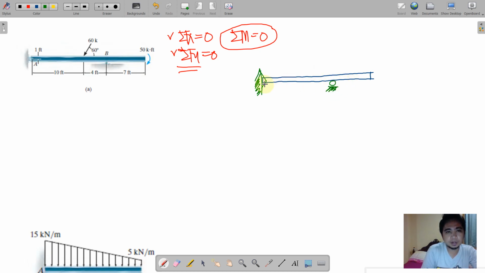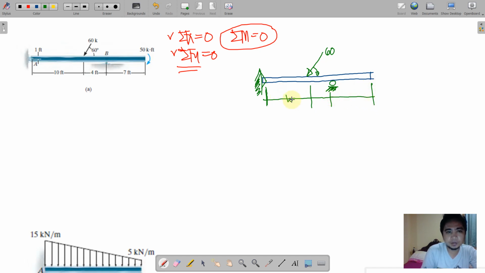So after the reaction, lalagay mo naman yung mga applied forces. And so far we have a single force here that is 60 kips. Okay. And then of course, we should know the distances here, so distance from point to point.